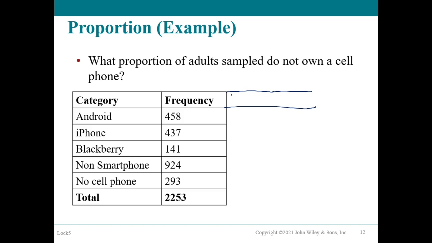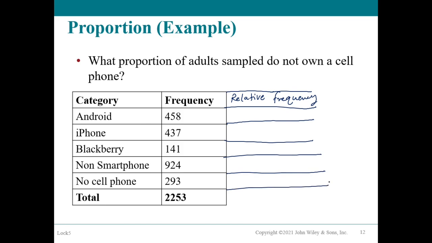Let me name this column relative frequency. Then I'll modify this table a little bit. Now I'm going to calculate the proportions. How do we calculate the proportion? Each frequency divided by its total.